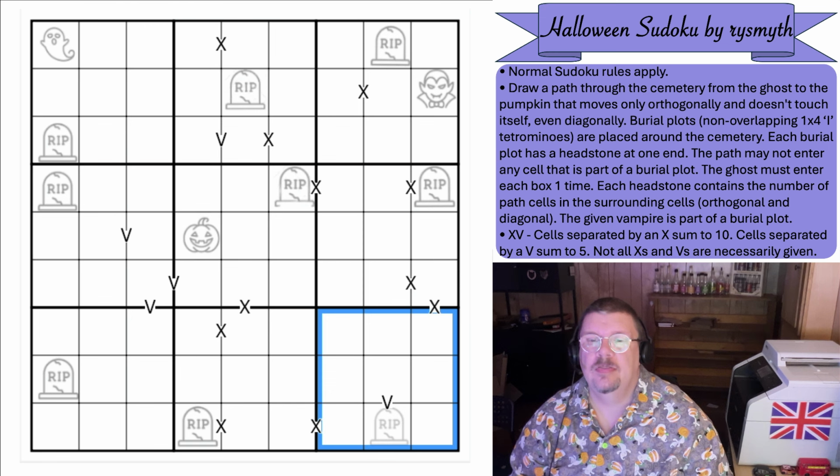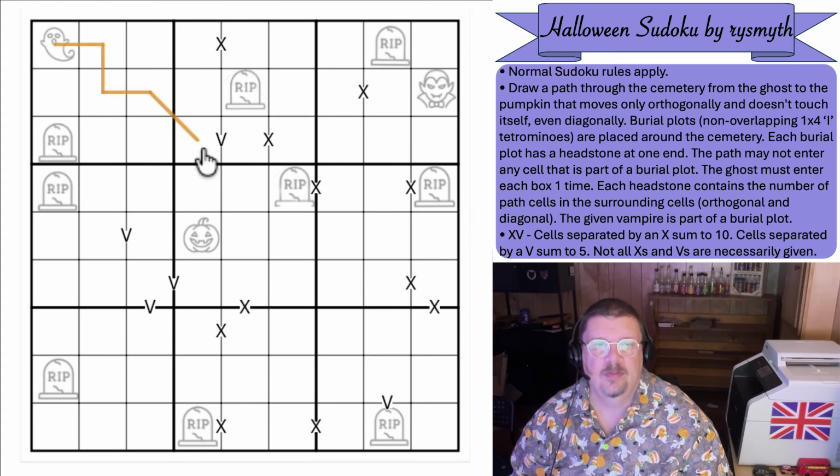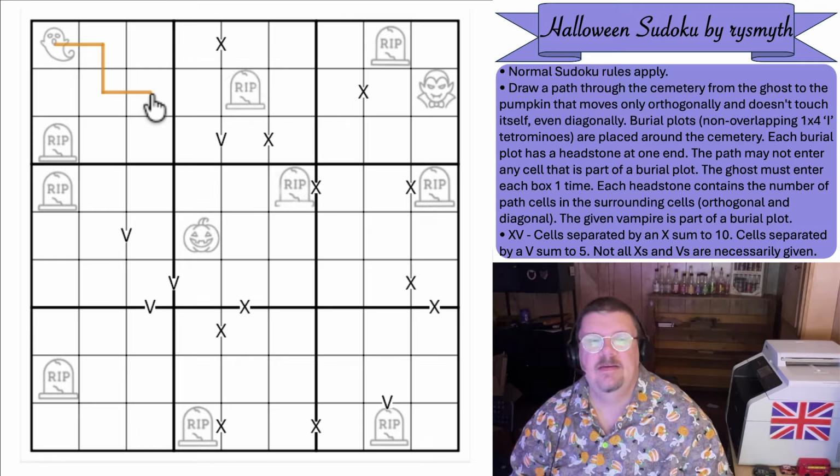Draw a path through the cemetery from the ghost here to the pumpkin. That moves only orthogonally, so it can't move diagonally. It can do things like this, but it can't do that. And it doesn't touch itself even diagonally.